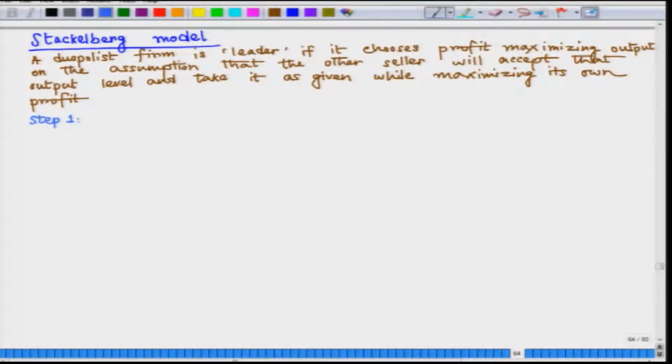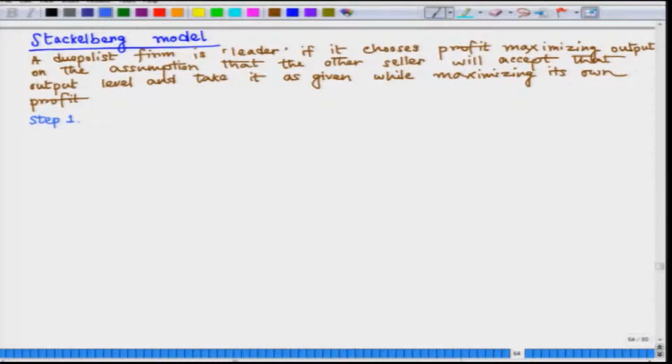So, we have to solve this problem in 2 steps. It is quite interesting to note that the Stackelberg model is more of a sequential type game rather than the Cournot model where the duopolist firms have chosen their output simultaneously.